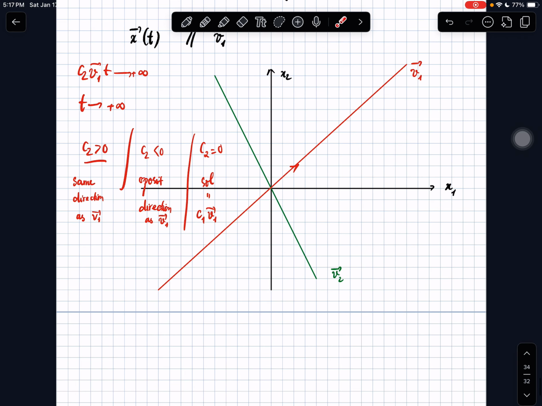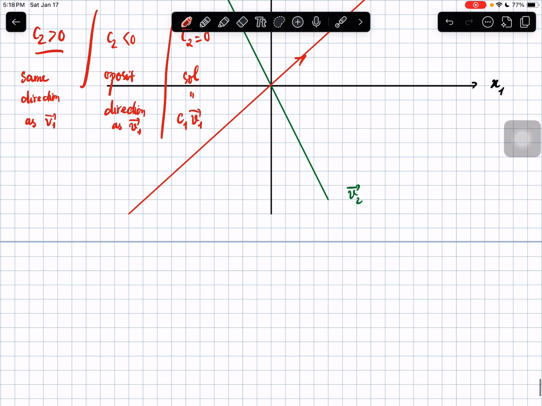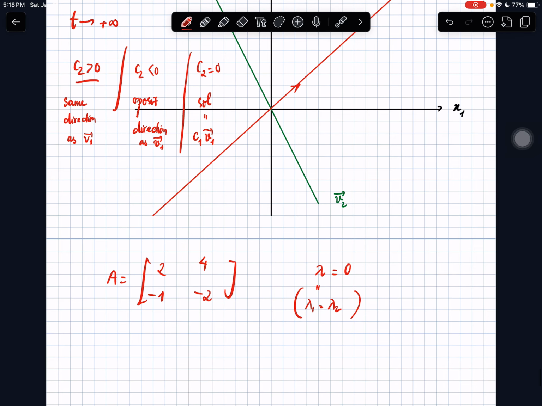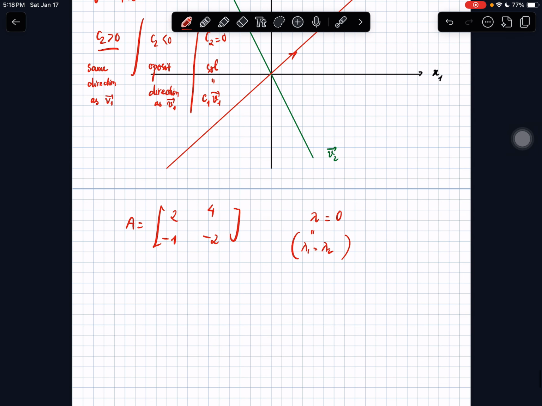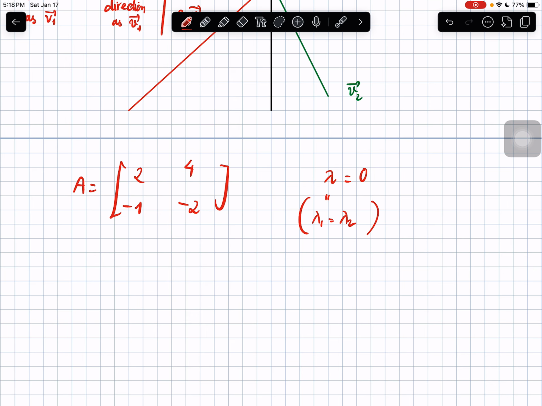How to check which direction, which half is going up, which half is going down, which one is the same and which one is opposite? It depends on the matrix. Assume we have the matrix A like [2, -1; 4, -2]. This one has repeated eigenvalue 0, so lambda1 equals lambda2 equals 0. V1 is (2, -1), the actual eigenvector.